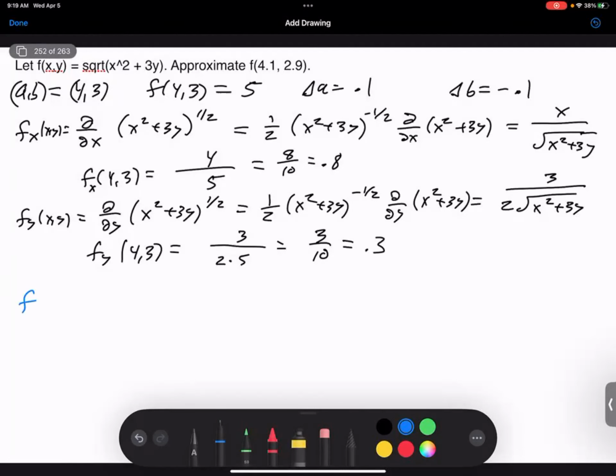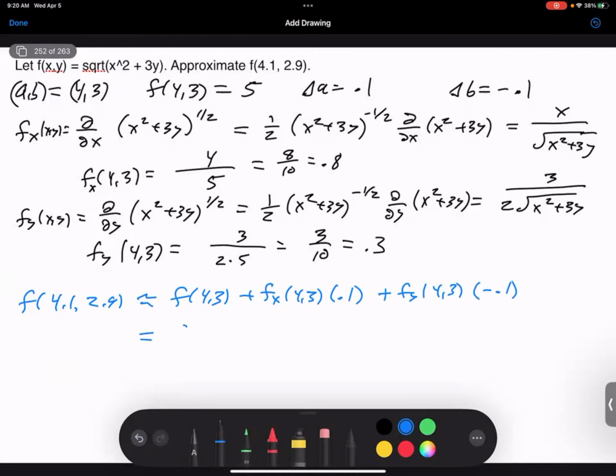So f of 4.1, 2.9 is approximately f of 4, 3 plus the derivative with respect to x at the point (4, 3) times the change in x, which is 1/10, plus the derivative with respect to y at the point (4, 3) times the change in y, which is negative 0.1.